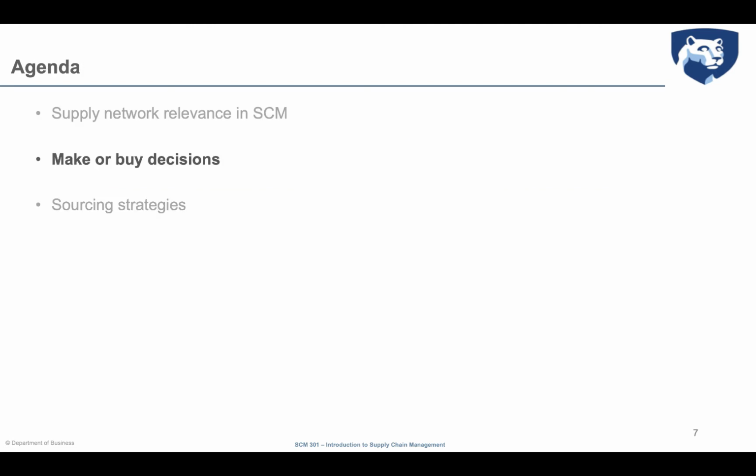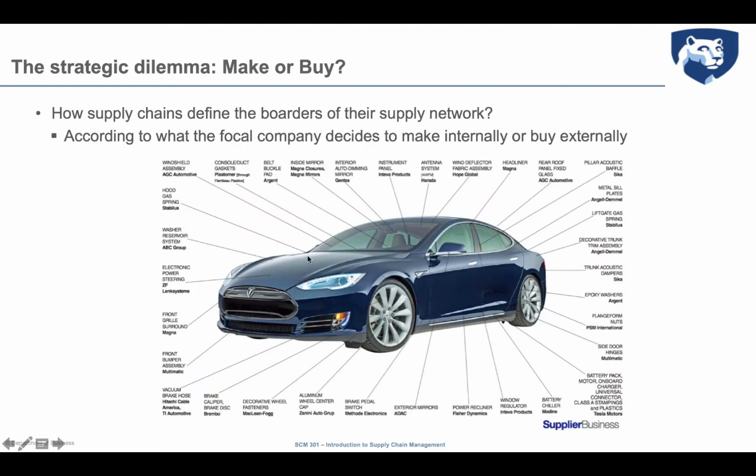Let's analyze in more detail what we covered about the process of make or buy. So first of all, what does it mean? It means that, as we discussed, a company in a supply chain is just focused on some activities. You have seen the example of a car. The car manufacturer, Tesla, does not realize all the car.